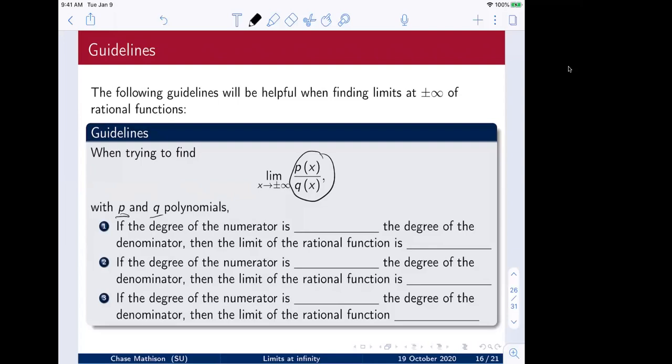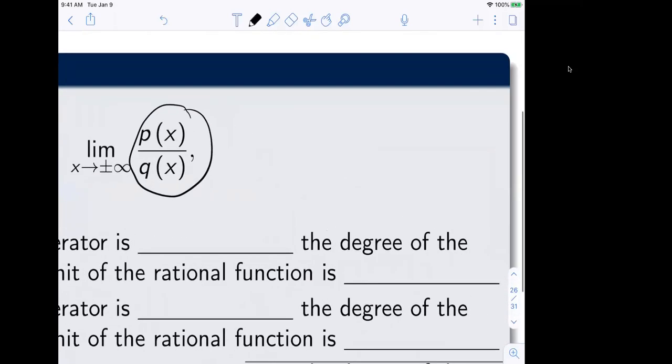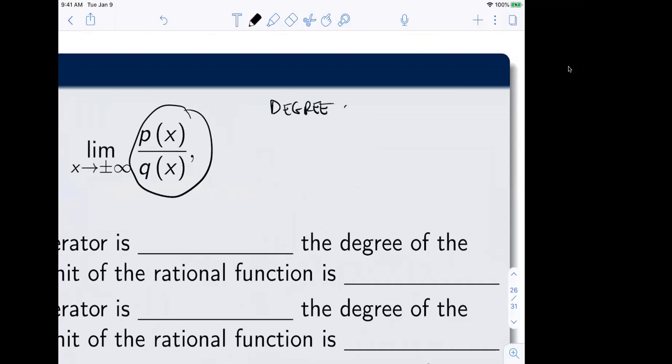The degree is just the biggest exponent that you see when you look at the powers of the polynomial. Okay, so the degree of a polynomial is the biggest exponent.